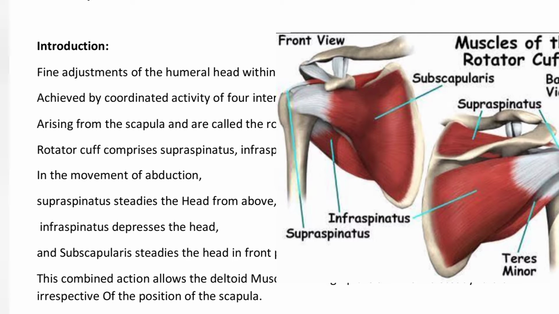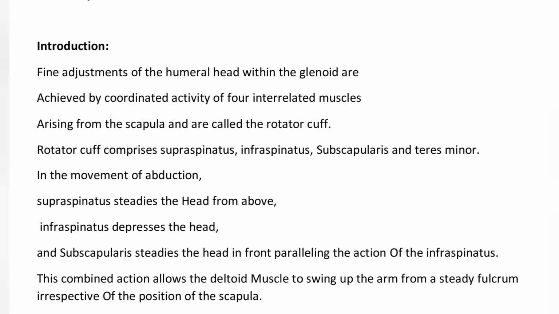The other muscle, the subscapularis, steers the head in front, paralleling the action of the infraspinatus muscle. The combined action of these muscles allows the deltoid muscle to swing up the arm from a steady fulcrum, irrespective of the position of the scapula.